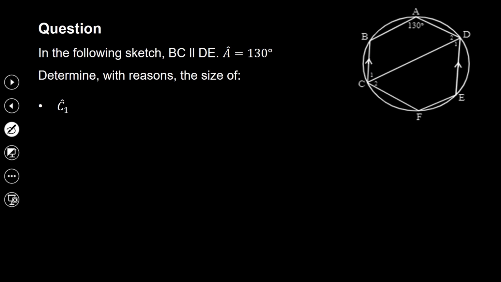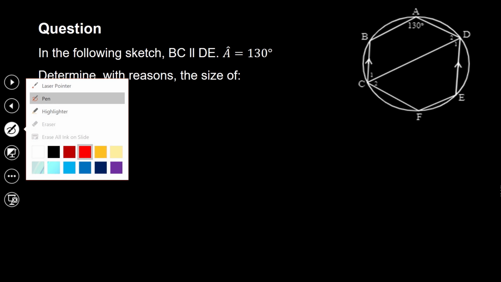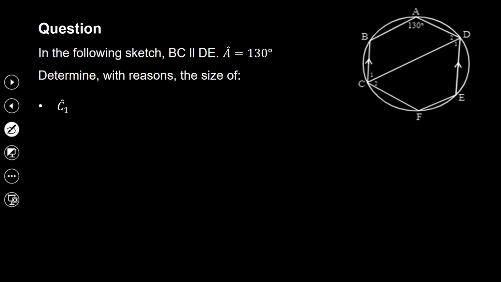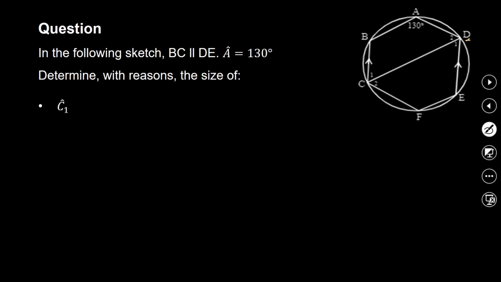So I want to come to the side. Let me use maybe a more colorful color here. We agreed that this angle here is equal to that angle there, right? That's alternate angles. Given that this is 130 degrees, this quadrilateral here, the 4 lines, form a cyclic quadrilateral because the 4 points are on the circumference of the circle, making this 50 degrees.